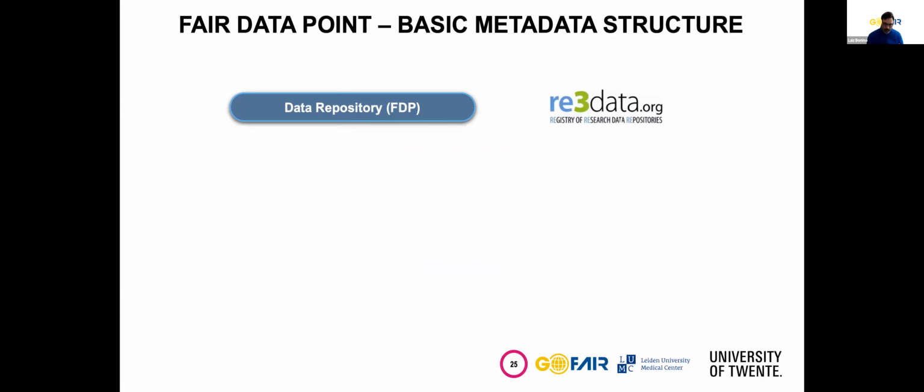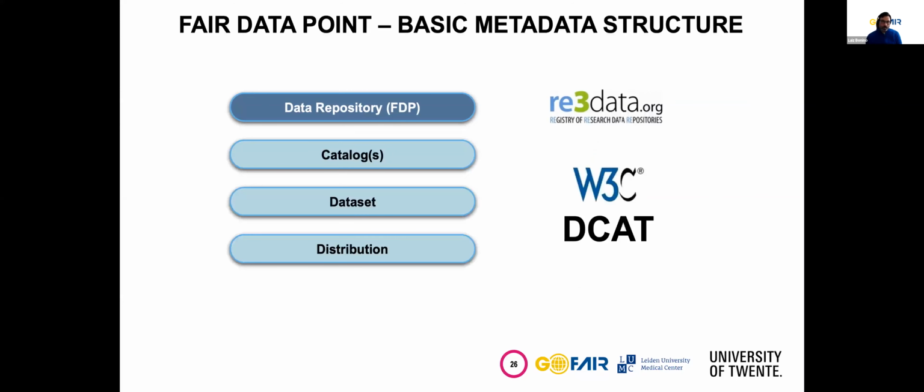They have a metadata schema for people who want to register their own repositories there. For the catalog, dataset, and distribution, we are using DCAT, and we are currently migrating to the new version of DCAT.